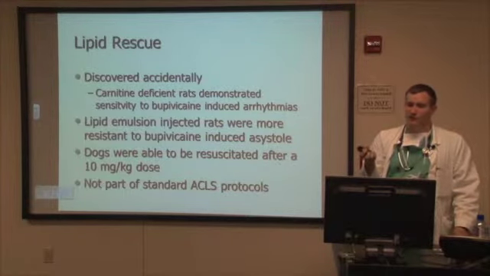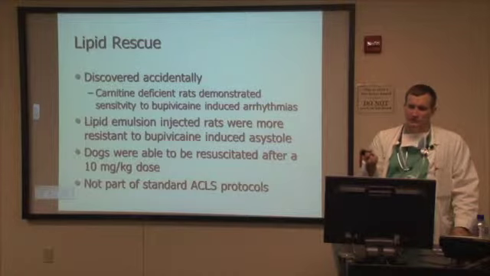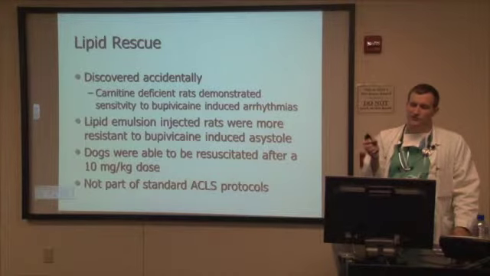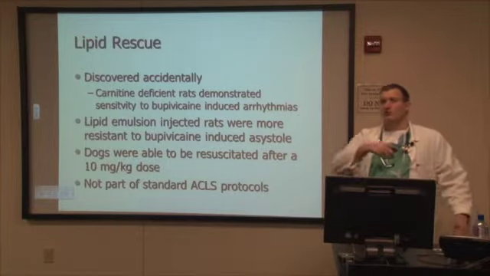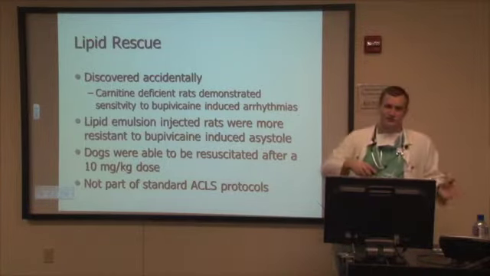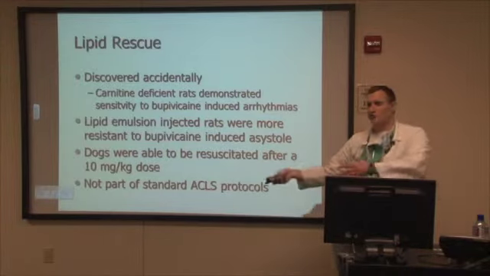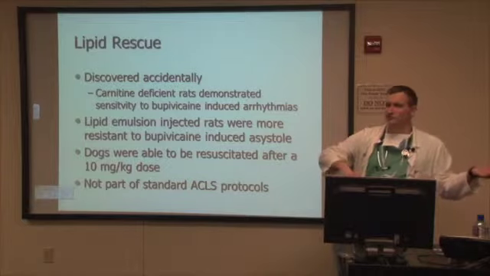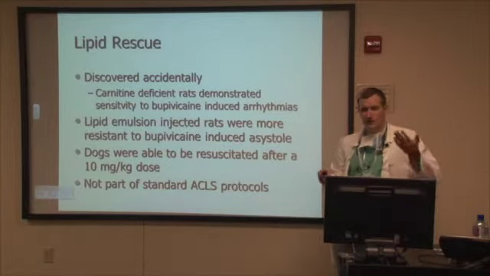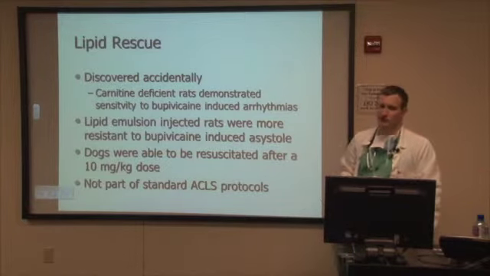somehow somebody was looking around one day and they found out that these carnitine-deficient rats had sensitivity to these bupivacaine-induced arrhythmias. And since they were messing around with these lipid emulsions and seeing what was going on in their mitochondria, they kind of switched the focus. Well, they thought, we'll give them toxic doses of bupivacaine along with this lipid that we're studying in their mitochondria and see what happens.